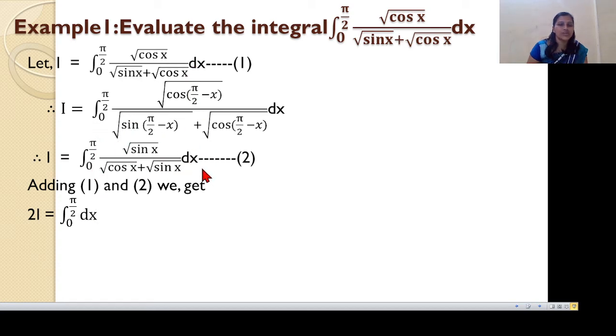Observe these two equations: the numerator and denominator are the same. So only one term remains here, that is integral of dx. The integral of dx will be x, and by applying the limits 0 to pi by 2, we get the term pi by 2. We want the answer for I, so transferring the 2 to the RHS, we get I is equal to pi by 4 as the final answer of this integral.